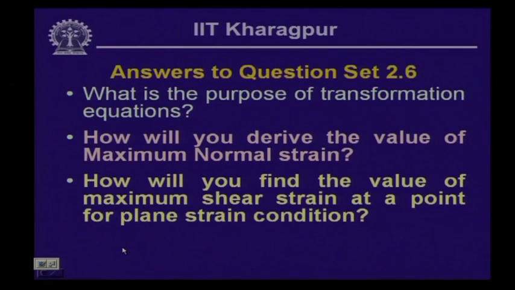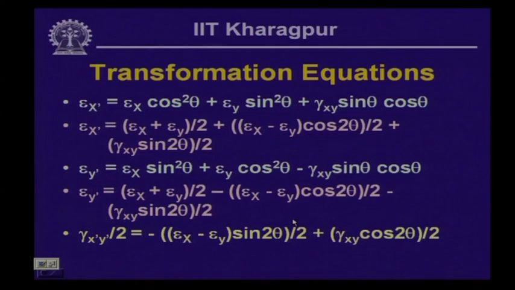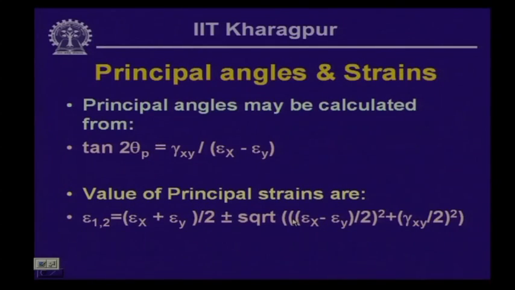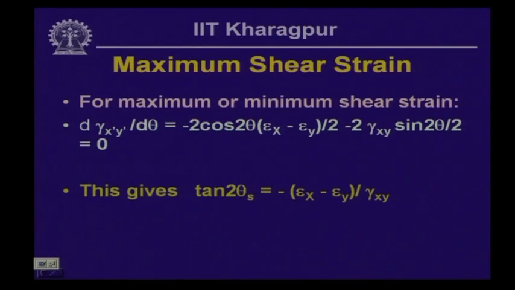Now, the third question was how will you find the value of maximum shear strain at a point for plane strain condition. Let us look into how we are going to compute the value of maximum shear strain.